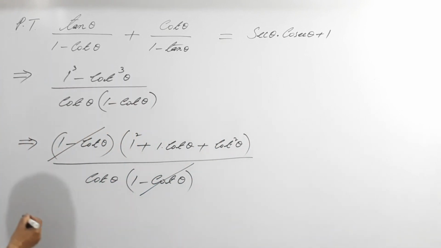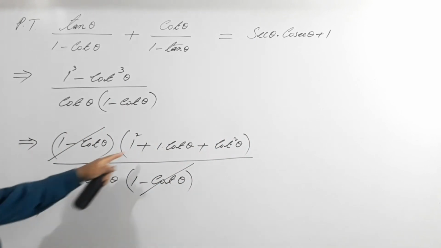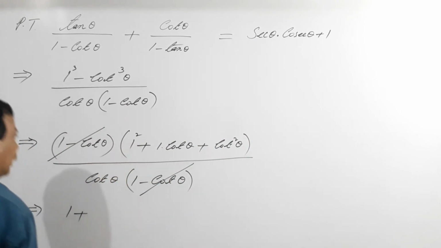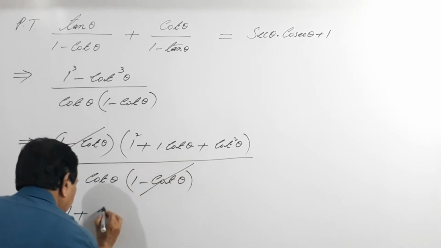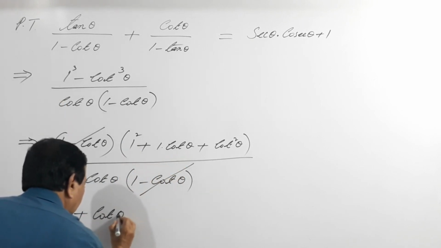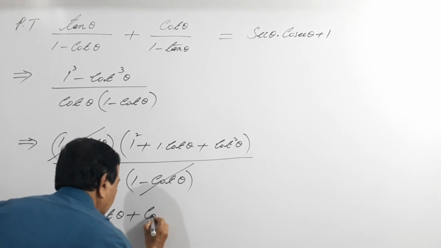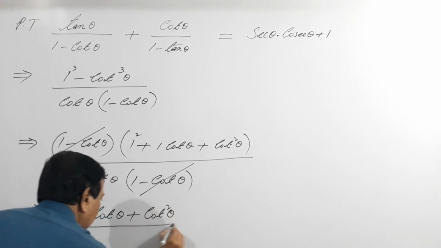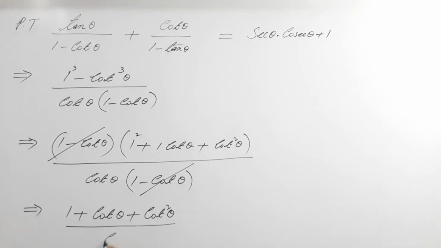So what happens here? This becomes 1 square is 1, plus cot theta, plus cos square theta, divided by cot theta.